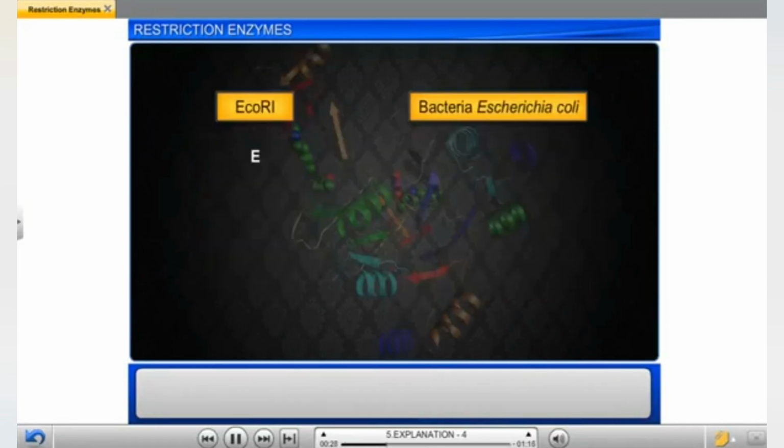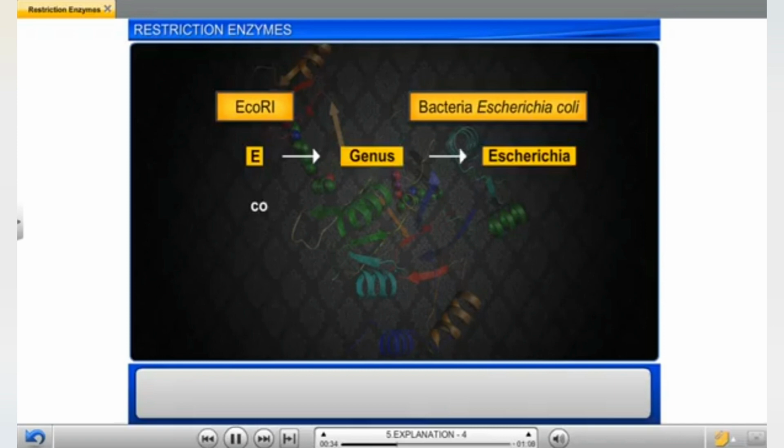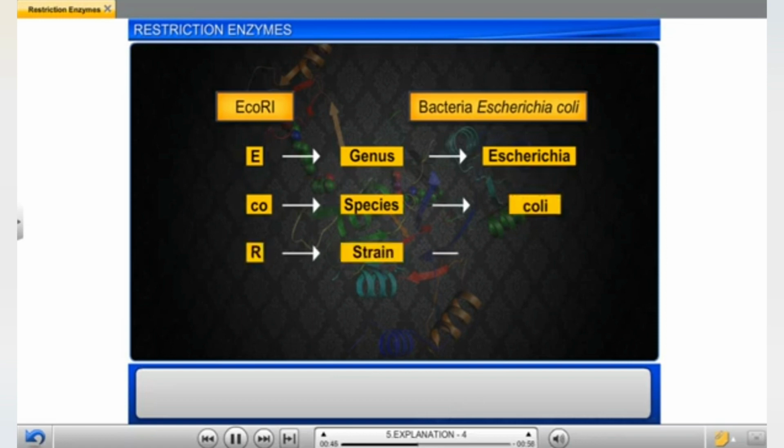The first letter of the name, E, is derived from the genus, while the next 2 letters, co, come from the species of the prokaryotic cell from which these genes were isolated. R refers to the strain, while the Roman number indicates the order in which the enzyme was isolated from the strain of bacteria.